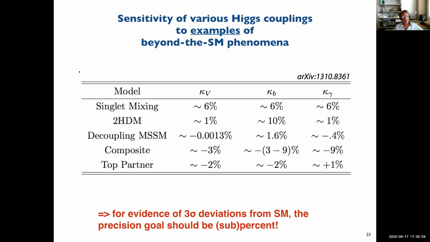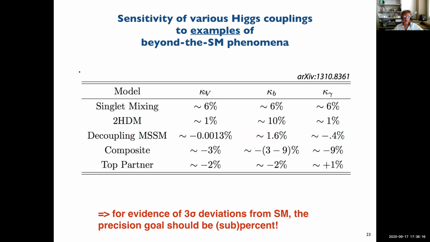So what sets the scale for the precision with which we want to know the Higgs properties? This is a table from a rather old assessment of the impact on modifications of the Higgs couplings.